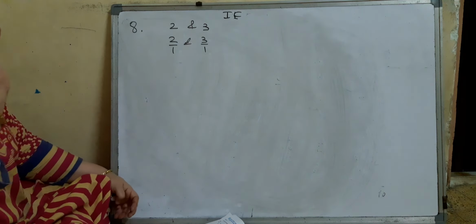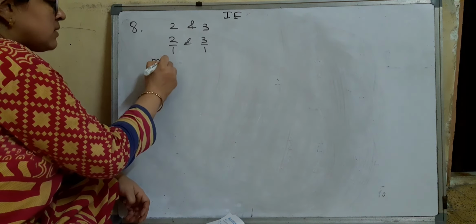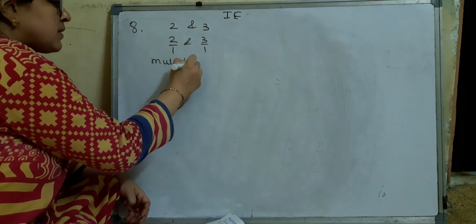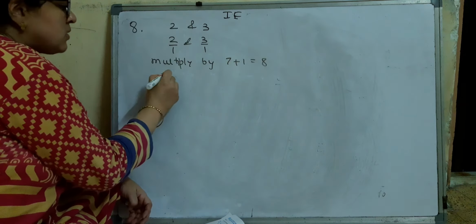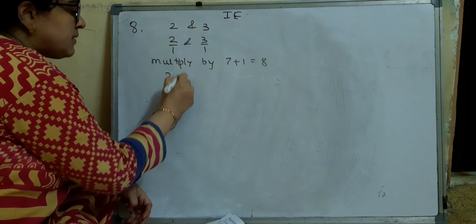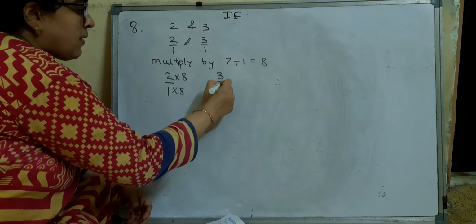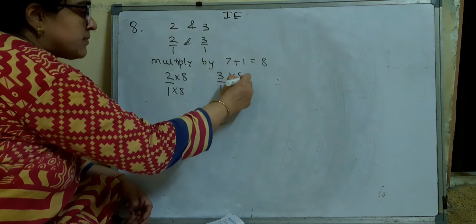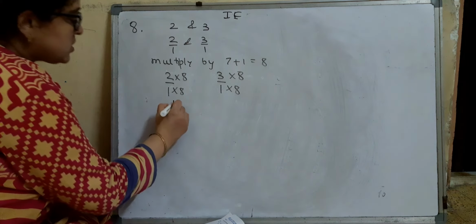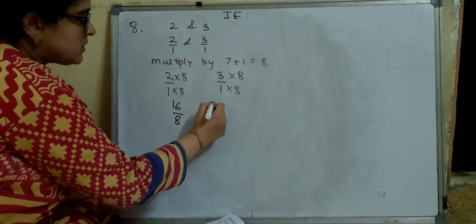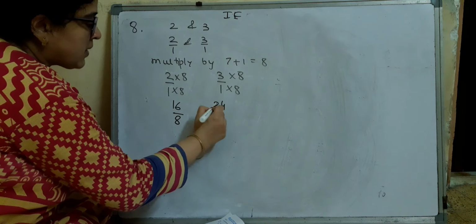Now you require 7, so 7 plus 1 will be 8. So 2 upon 1 multiplied by 8 and 3 upon 1 multiplied by 8, so 16 upon 8 and 24 upon 8.